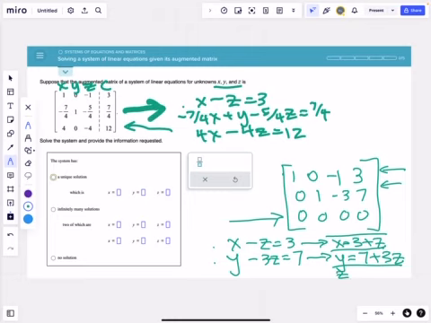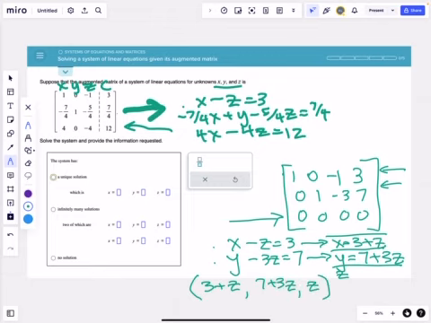So z is just going to be my final solution. Okay, so if you wanted to write your infinite solutions in terms of x, y, and z, it would look like this: 3 plus z, 7 plus 3z, and then z.